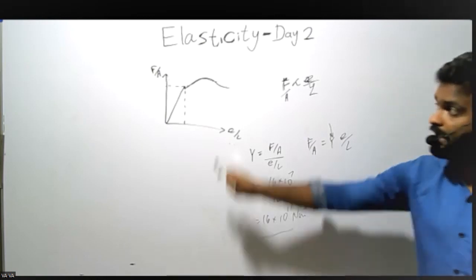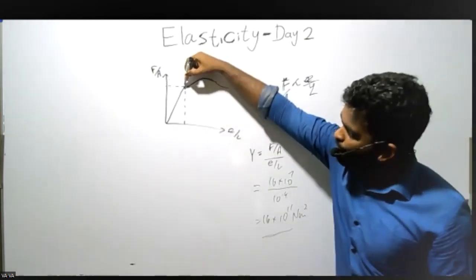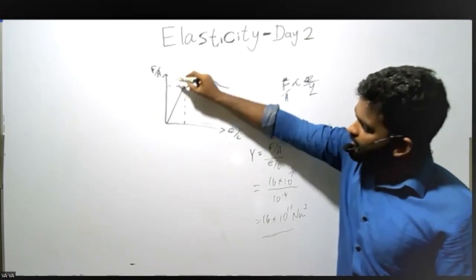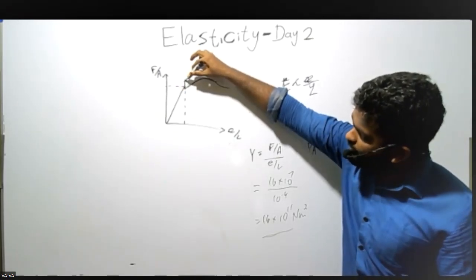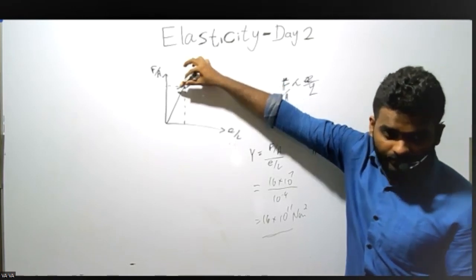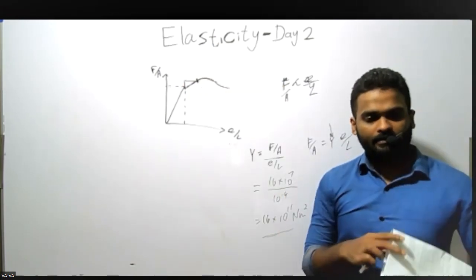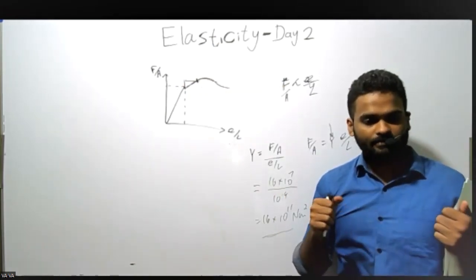After that, extending is easier, right? See that? When you apply, let's say, this amount of force, the extension is too much. After this point, it is easier to extend. It is practically viable too, right?